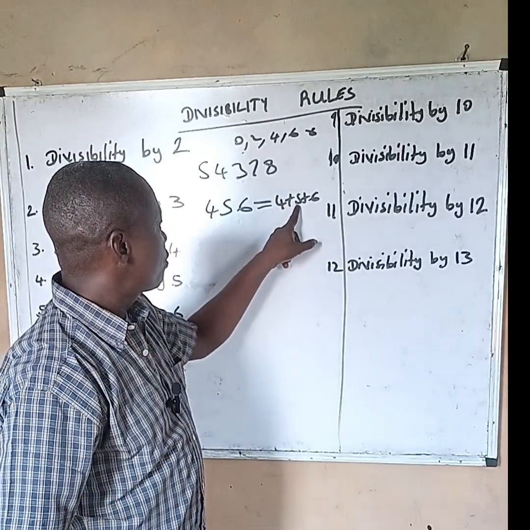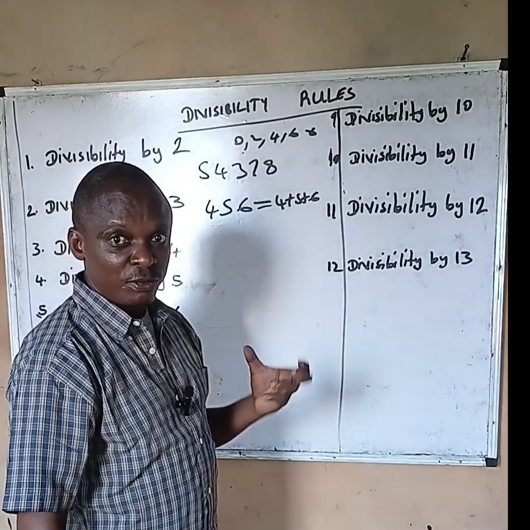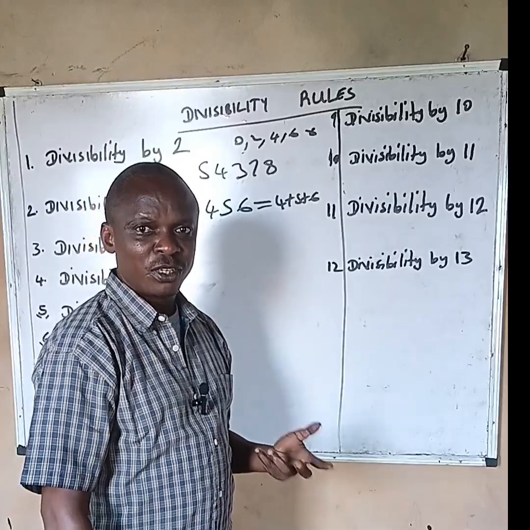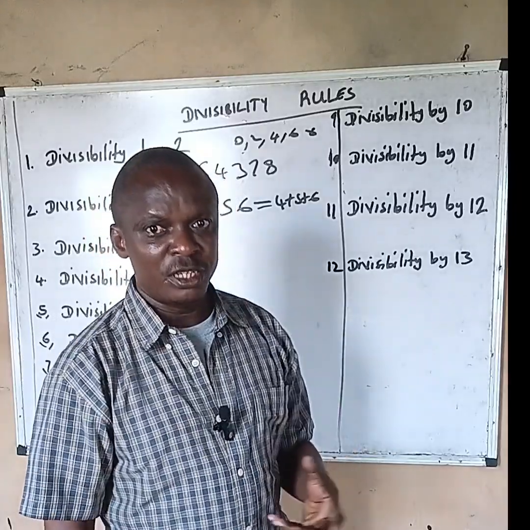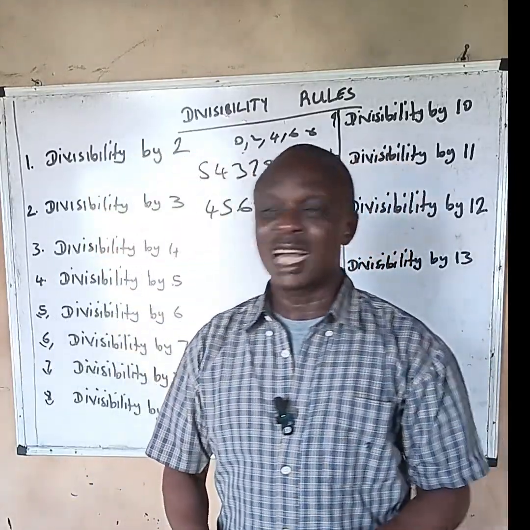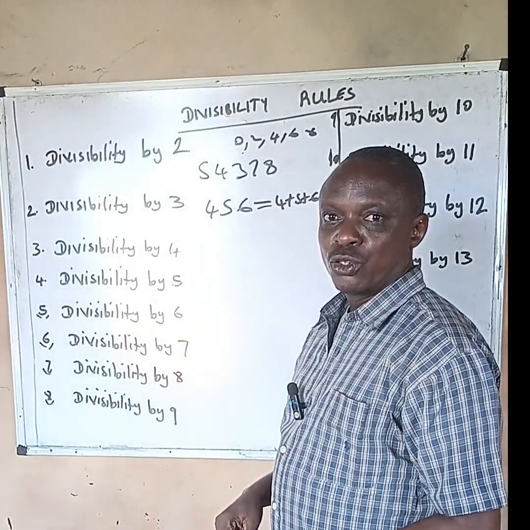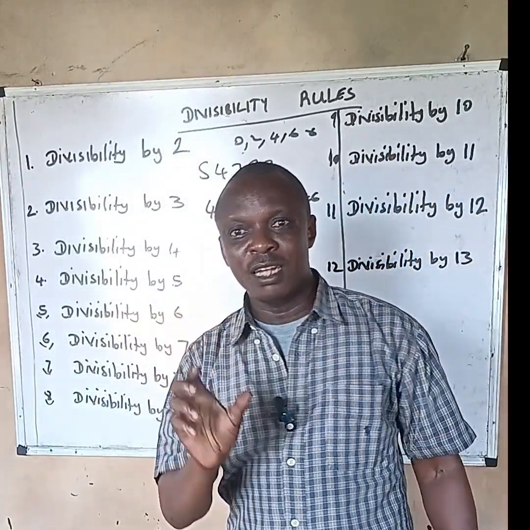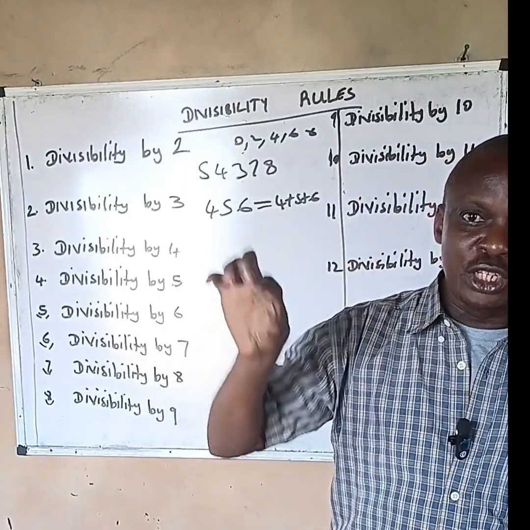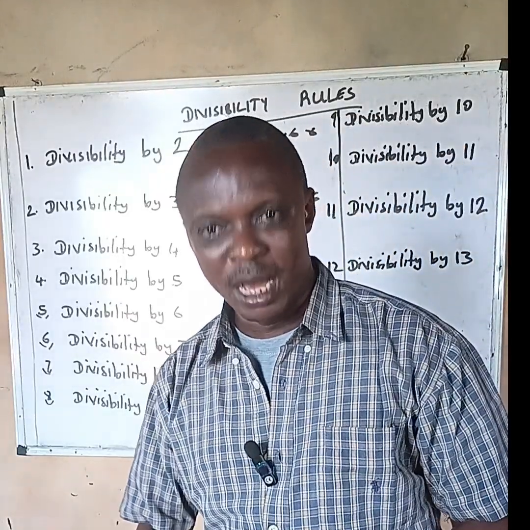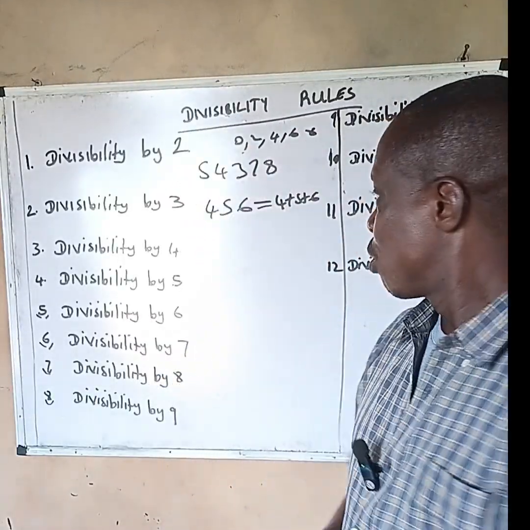Let's add. 4 plus 5 is 9. 9 plus 6 is 15. And 3 can divide 15. Since 3 can divide 15, it means 3 can divide this number without remainder. So note that 3 can divide the number if the sum of its digits is divisible by 3. Is that clear? All right.